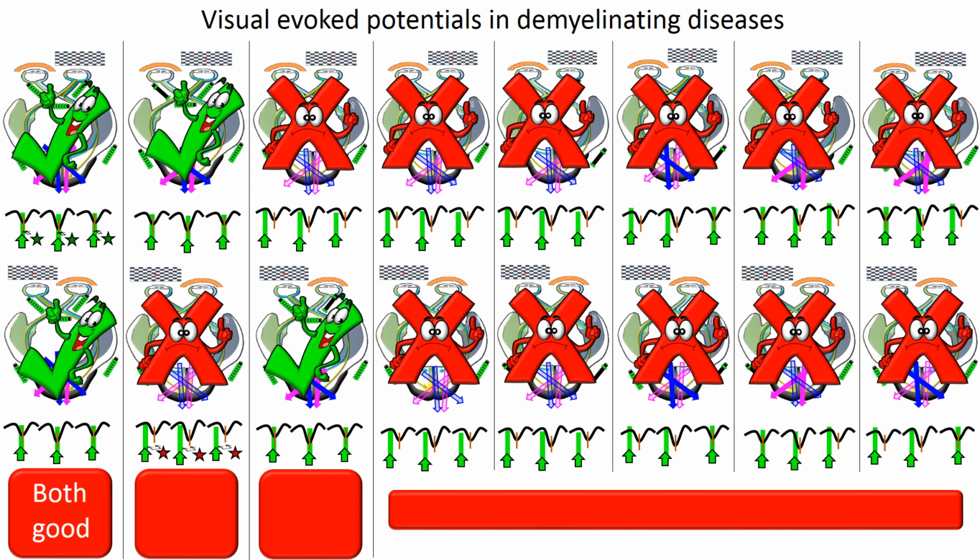Normal study when both eyes testing are normal. Left optic neuritis when left eye sagittal P100 is delayed and the right sagittal P100 is normal. Right optic neuritis when the right eye testing demonstrates a delayed sagittal P100 and the left eye testing demonstrates a normal sagittal P100.